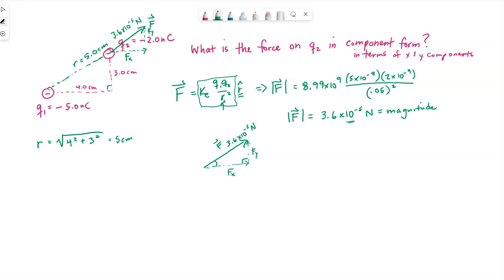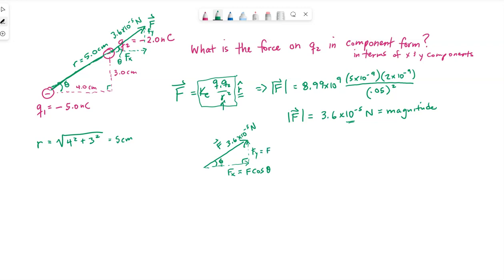The angle in here, if I come back to my original picture, because the force lies along the same line as R, this angle in my original picture is the same as the angle that I just drew in my force triangle. So this x component being adjacent to the angle would be the magnitude of the force times the cosine of the angle.